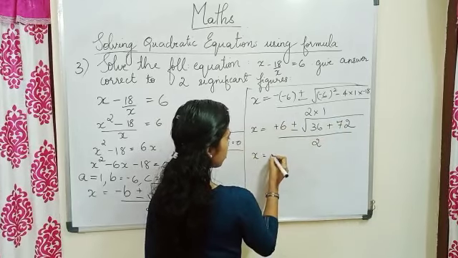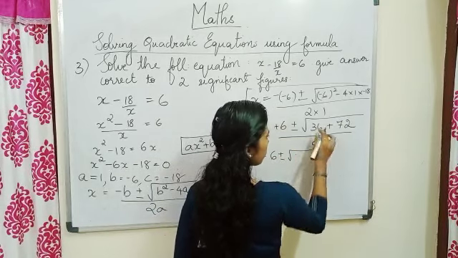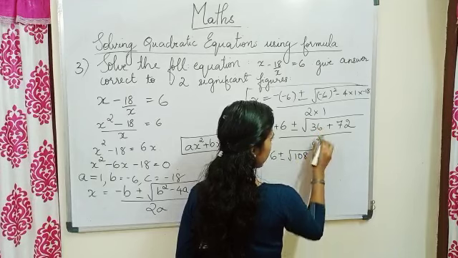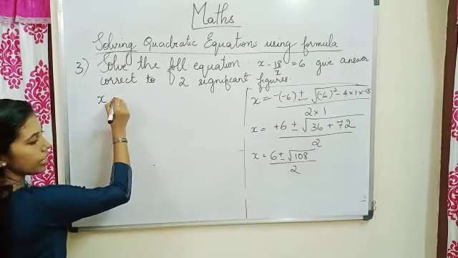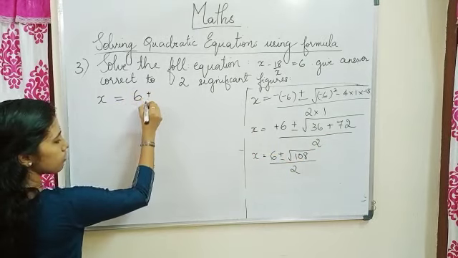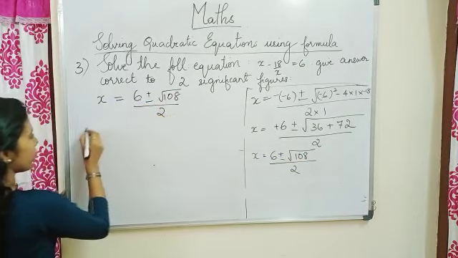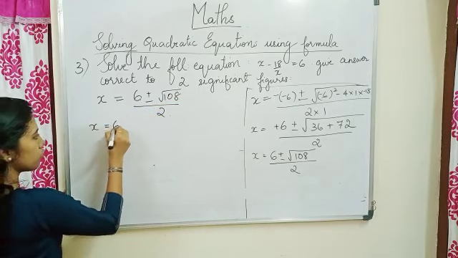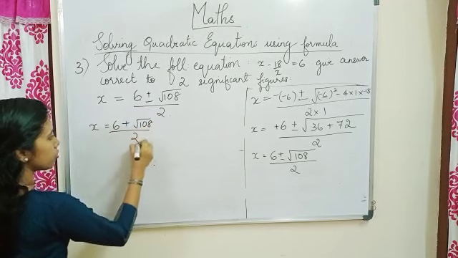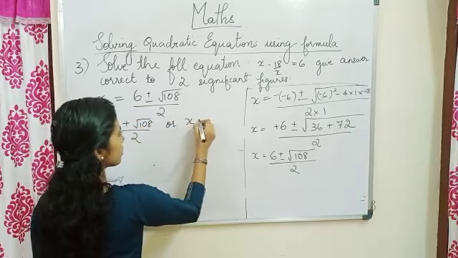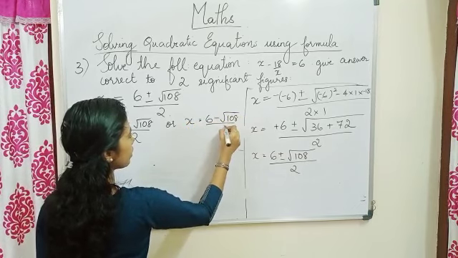Then x is equal to 6 plus or minus root of, this is 108 on adding, divided by 2. So we can write it as x is equal to 6 plus root 108 divided by 2, or x is equal to 6 minus root 108 divided by 2.